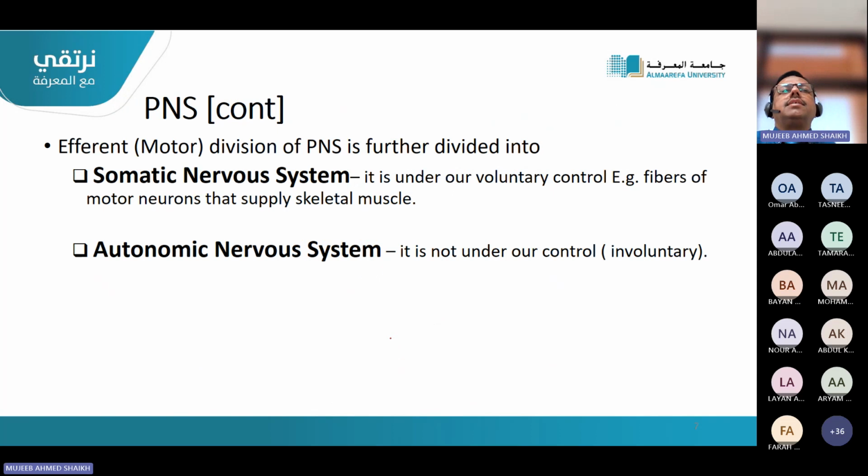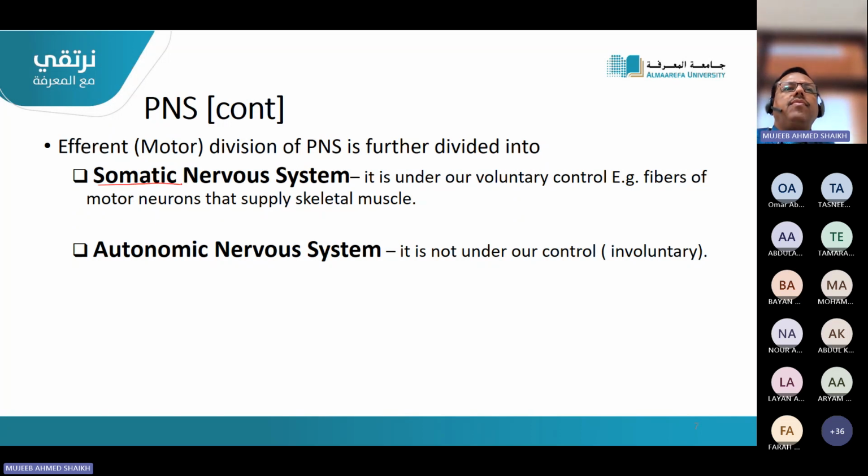Even in the efferent system, there are nerves specifically controlling these activities but under our own voluntary control. Some commands are under our voluntary control. We call them the somatic nervous system.